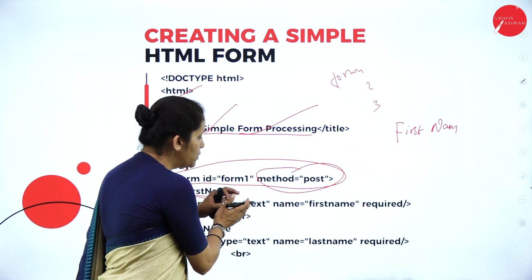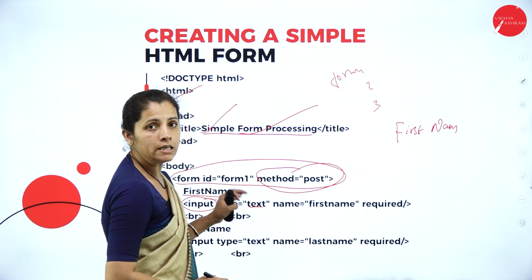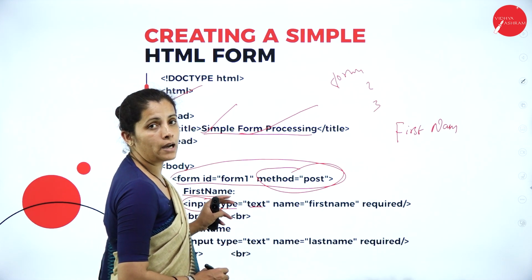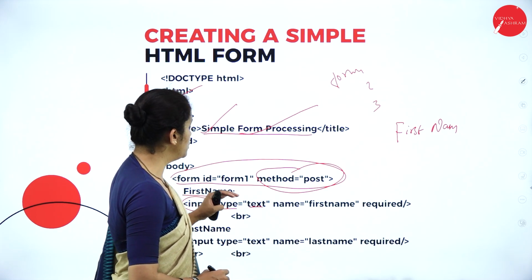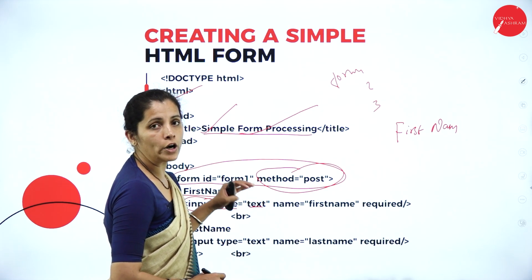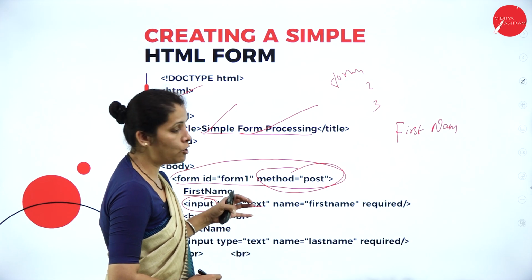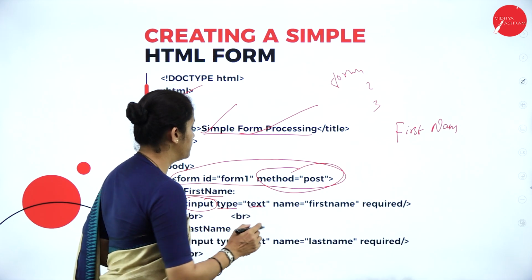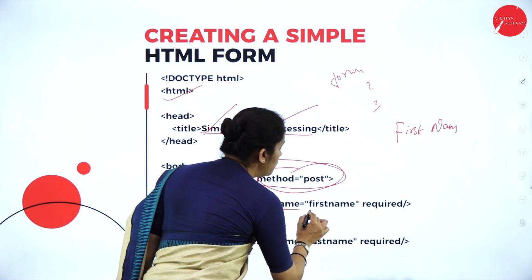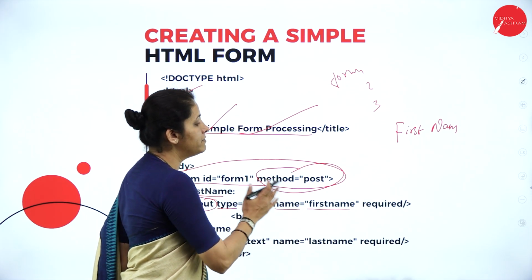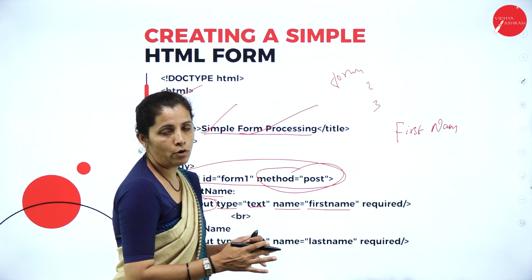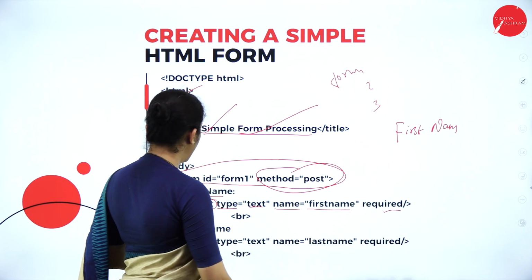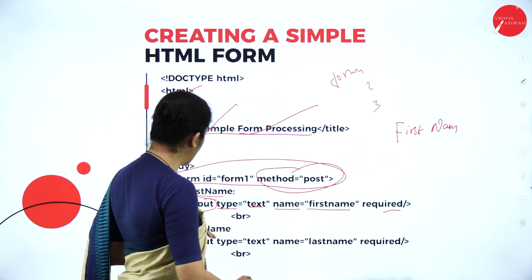Here I am using a text box, so it is text. In the sense, what kind of input I'm using, for example text box, text area, radio button, checkbox, I want to specify what kind of control I'm using. Then name, I'll write first name. It is compulsory, so I'll write required.